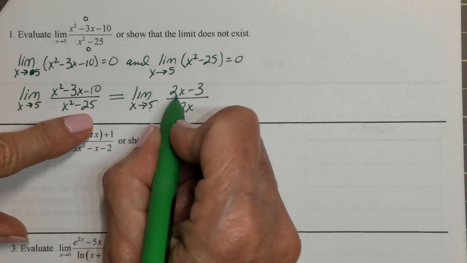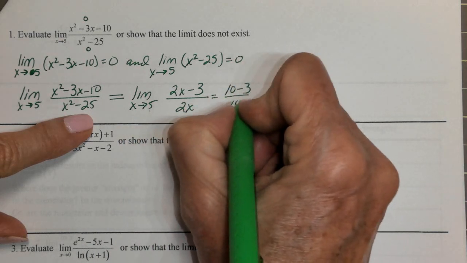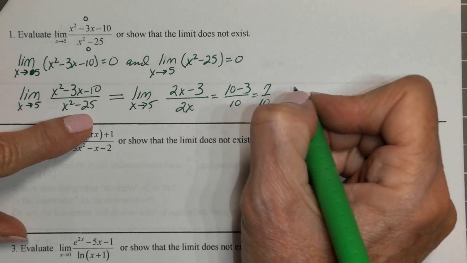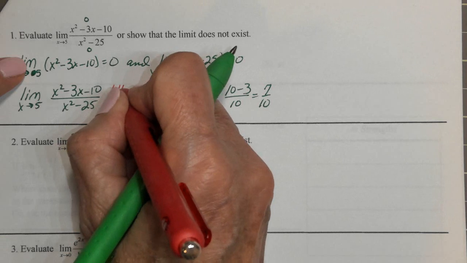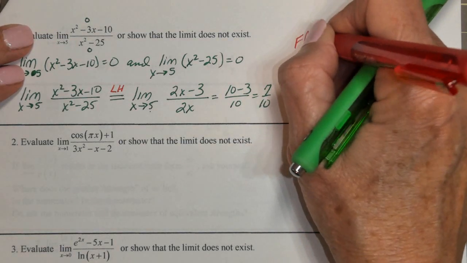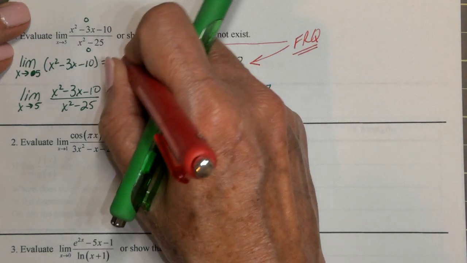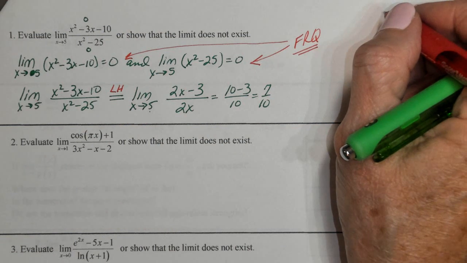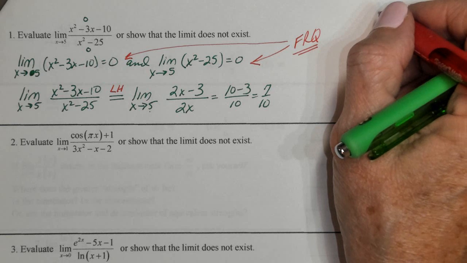And now we can plug in 5 again and get 10 minus 3 over 10, that is 7 over 10. That's L'Hôpital's rule. Lots of times you will see me put a little LH for L'Hôpital where I apply it. Okay? So, again, in an FRQ, not multiple choice, in an FRQ, you must show this step. You must show that the top and the bottom limits are both 0 individually. Okay?